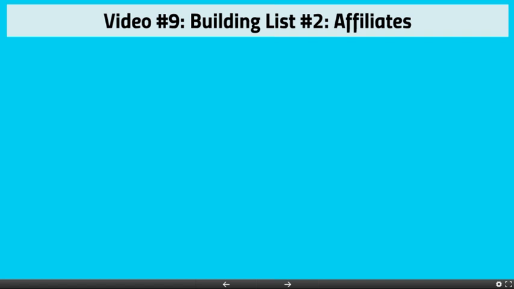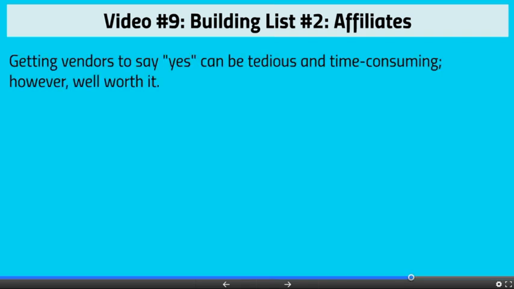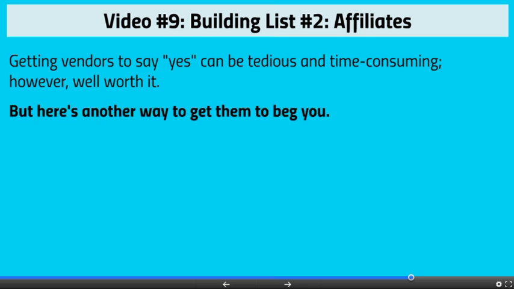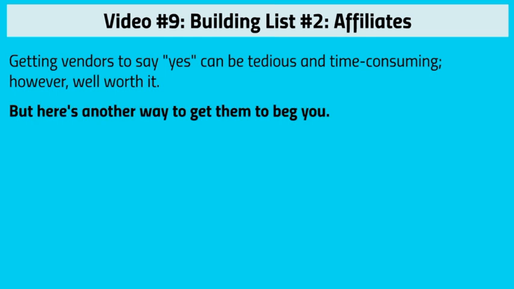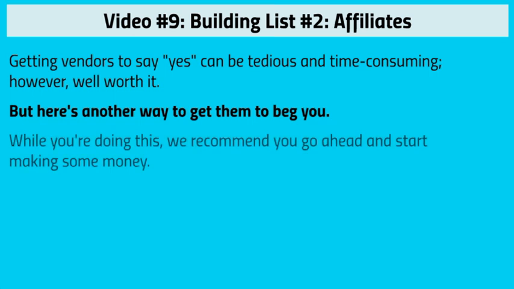I'll explain in just a minute how you can go about doing this. So getting vendors to say yes can be tedious and time consuming, however, very well worth it. However, there is another way to actually get them to come to you and get them to beg you. So this works really well.